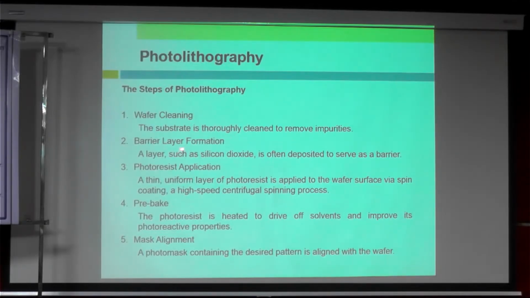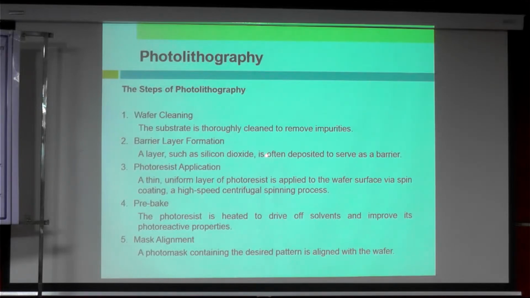Then barrier layer formation: a layer such as silicon dioxide is often deposited to serve as a barrier. Here, as I have explained previously, we go through the process of growing silicon dioxide using dry oxidation and also wet oxidation, where you use steam and oxygen gas in order to have the silicon dioxide grow on the silicon surface.